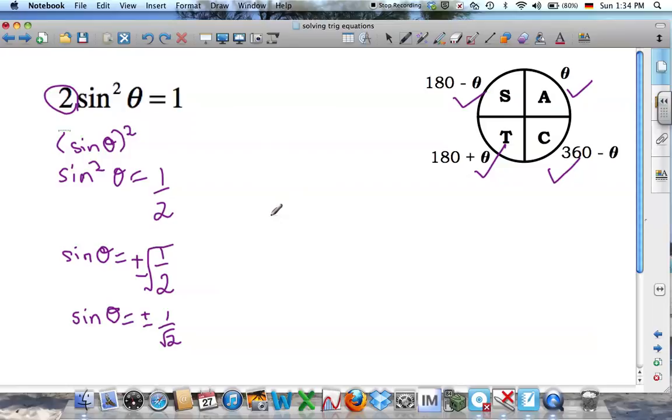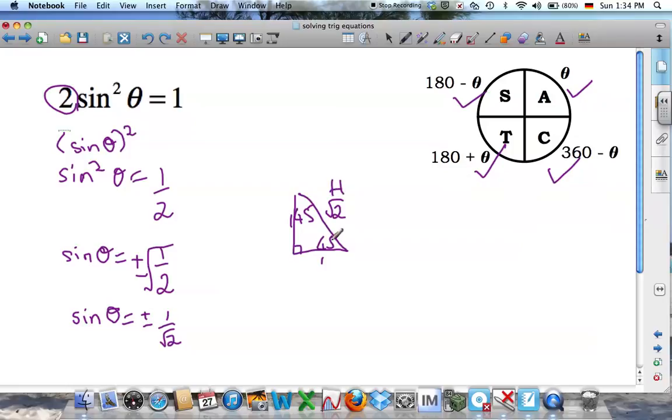Now, we start with the easy part. We find what the acute angle is. So as I said before, because it is a root 2, I'm going to guess that I need my 45 degrees triangle. So remember that comes from a square of sides 1, and then by Pythagoras that's root 2. So then sine is opposite over hypotenuse.